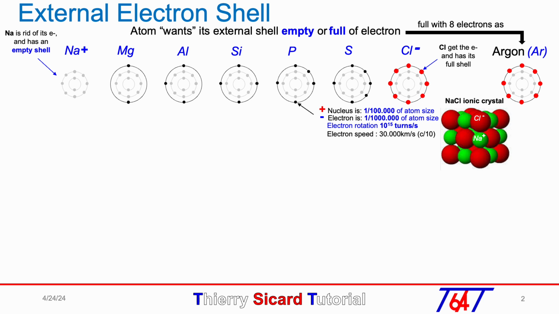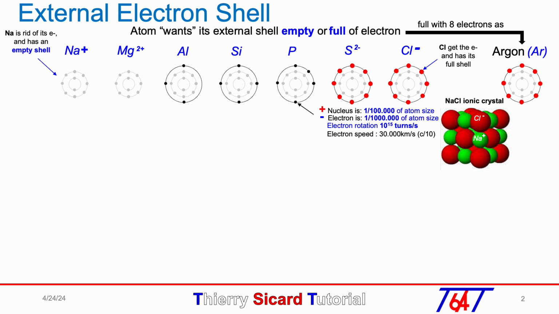In the same way, magnesium will get rid of the 2 electrons on its external shell, and those 2 electrons will be used to fill the external shell of the sulfur to provide both magnesium 2+ and sulfur 2- ions. We can do the same thing with aluminium 3+ and phosphorus 3-.